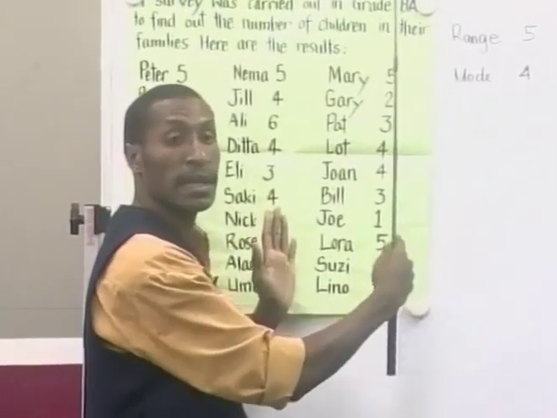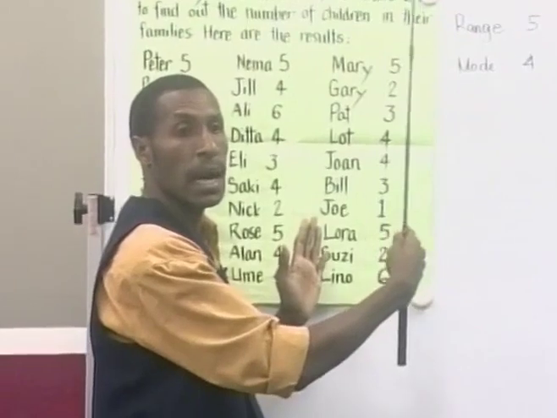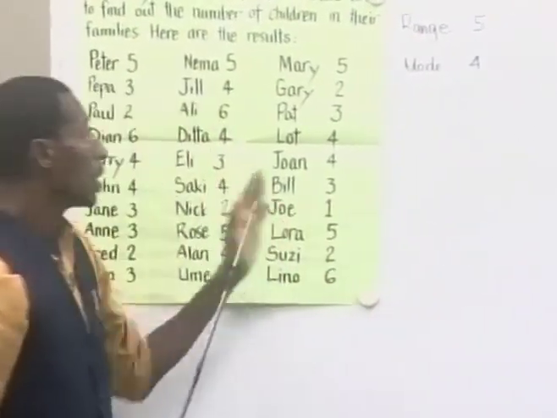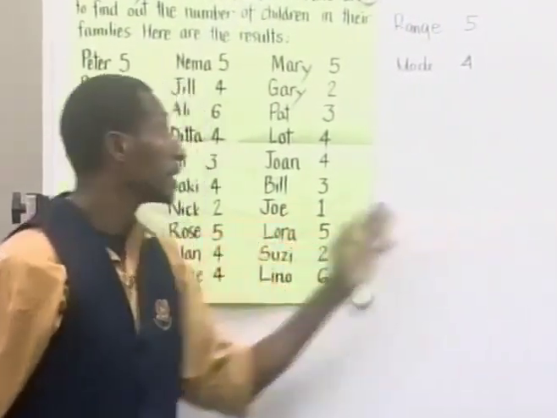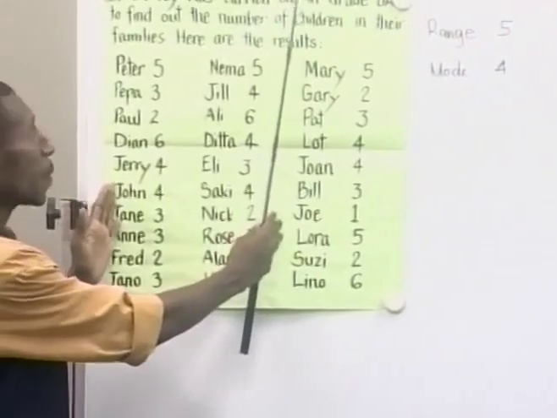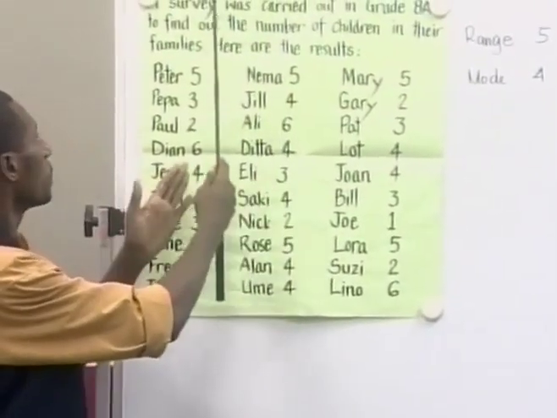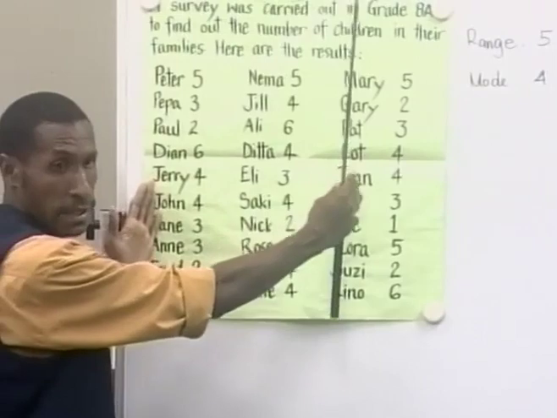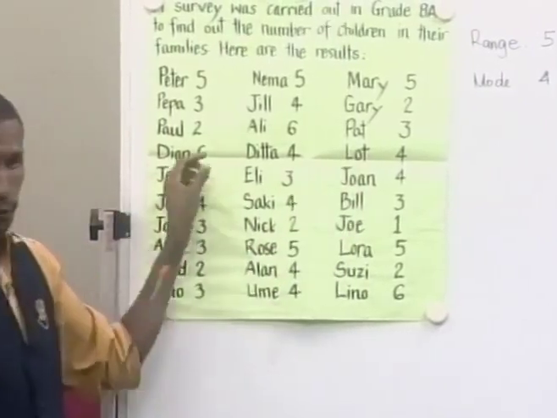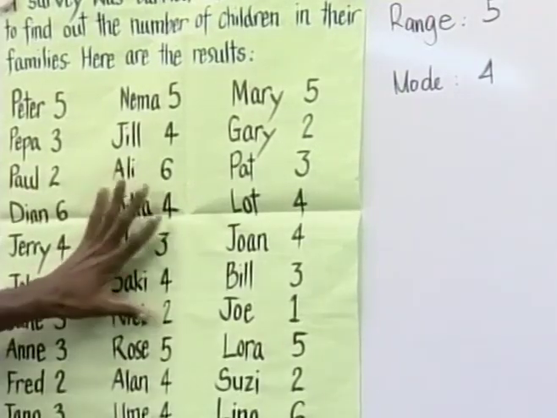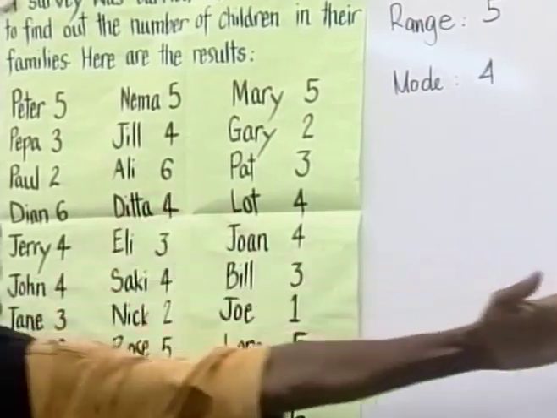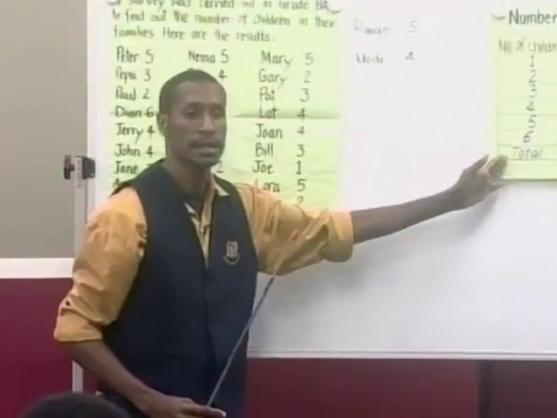It's how the data is organized. This is organized in a table and this has been scattered as it has been recorded here. So this data is scattered and this data is being organized in the table.